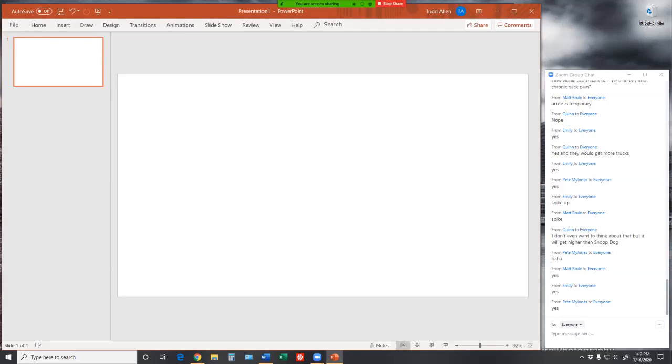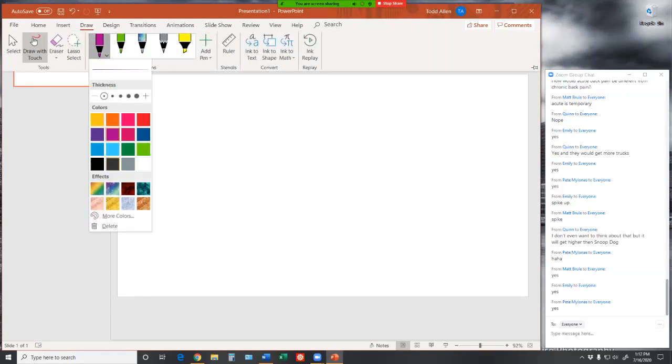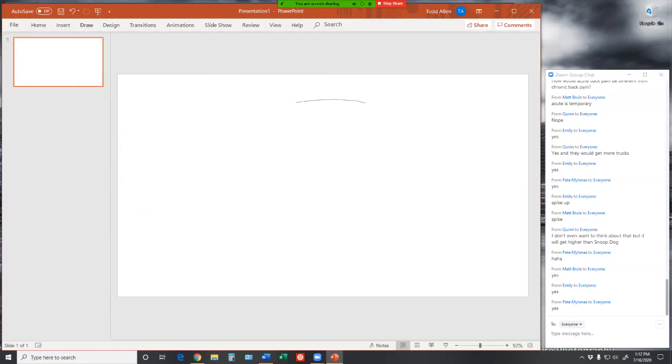You're going to want to make a drawing on your own notebook paper that you have in front of you. Okay, and so let me see here for a moment. What we're going to need is a really big cell.